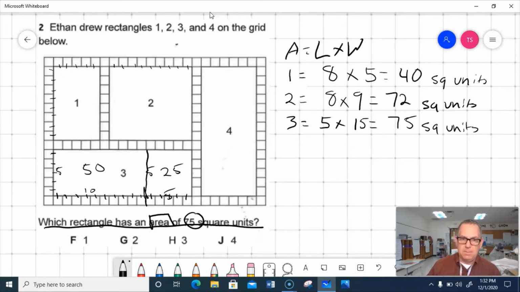And that looks like that may be the one we're looking for. We're still going to check rectangle 4, though. So rectangle 4, what's the length and width of rectangle 4? Okay, well, let's check and see if you're right. So I've got 1, 2, 3, 4, 5, 6, 7, 8, 9, and 10, 11, 12, 13, 14.